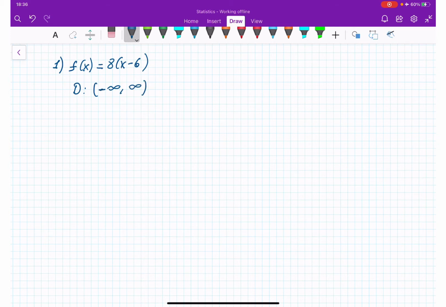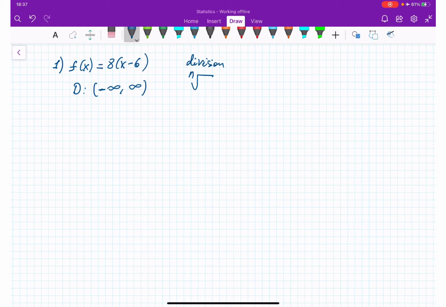Exception, it's going to be if we have division, and if we have a radical with an even degree. I mean, not odd, I'm sorry, even degree. Okay?